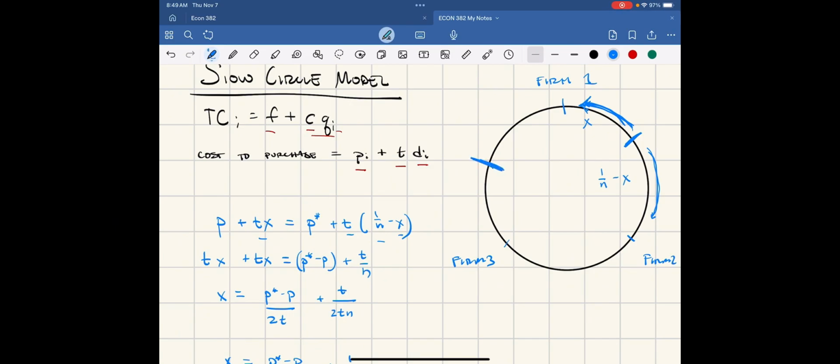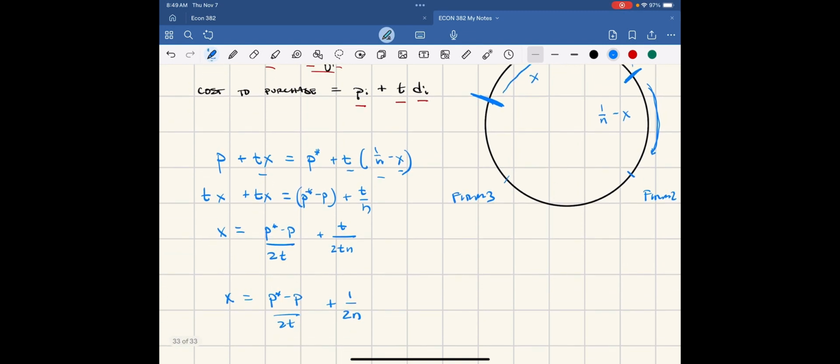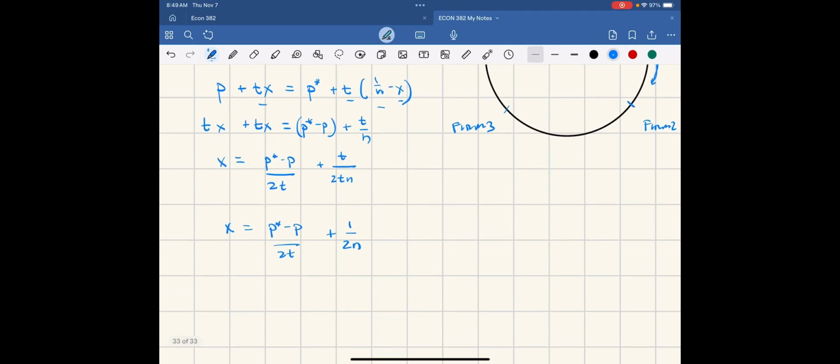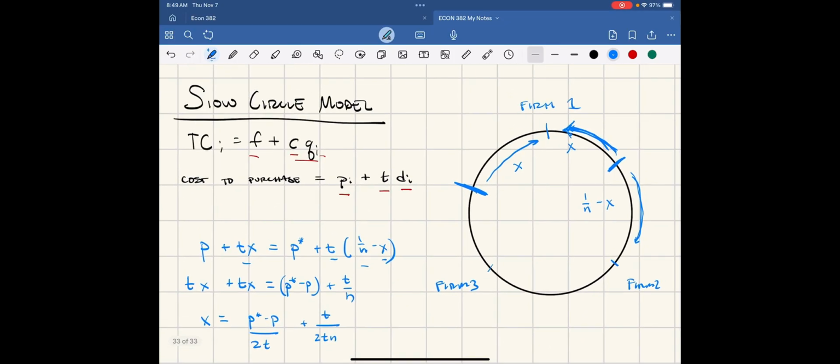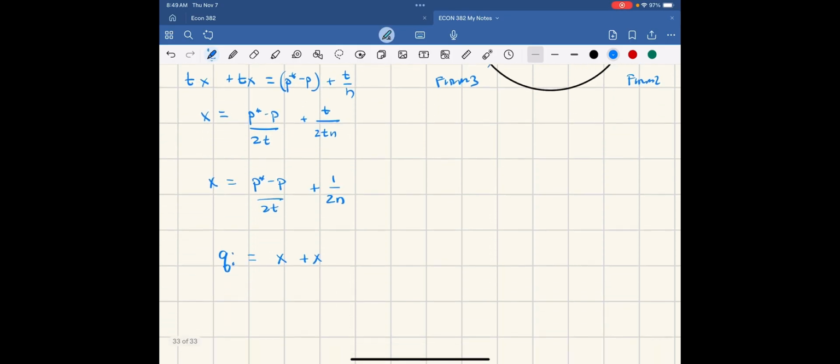There's also an indifference point between firm 1 and firm 3, where we define this distance also as x. So when we think of the demand for firm 1, the demand for firm 1 is equal to x plus x, because they're getting both the x from the indifference point between firms 1 and 2 and the indifference point between firms 1 and 3.